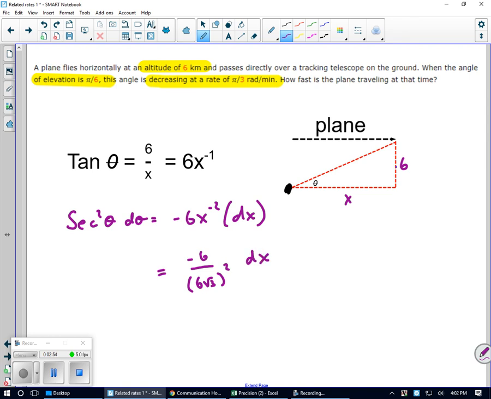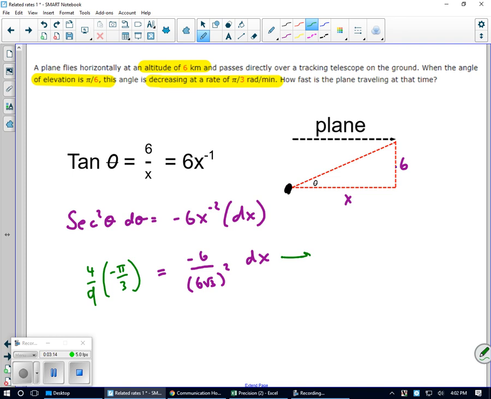And the cosine was the square root of 3 over 2, so the secant squared is going to be 4/9, and d theta is negative pi over 3. All that's from the last page.